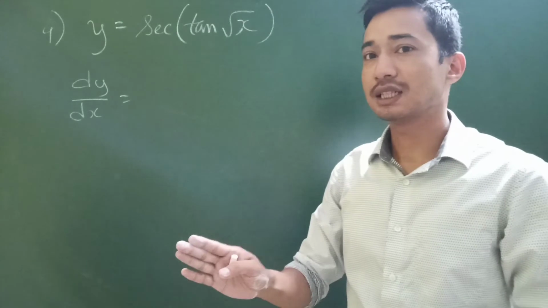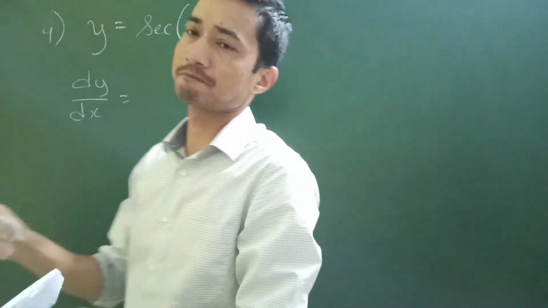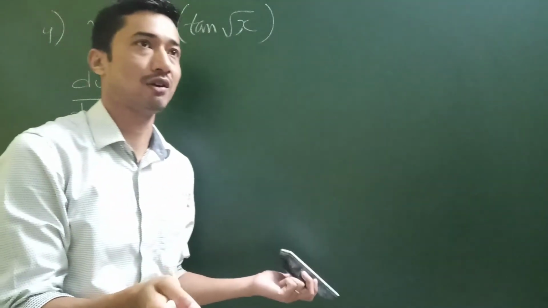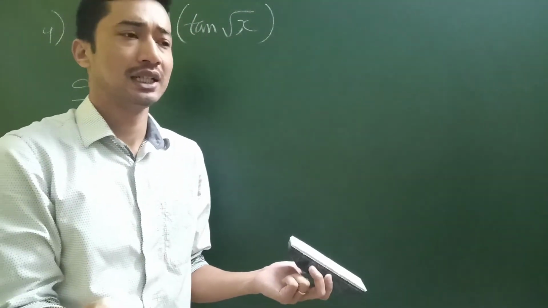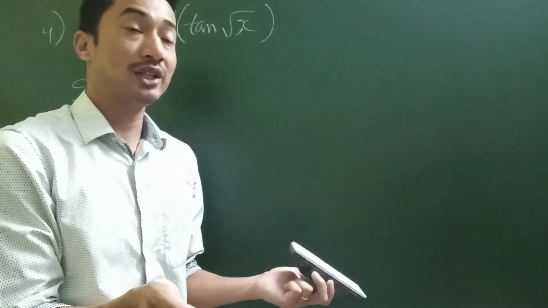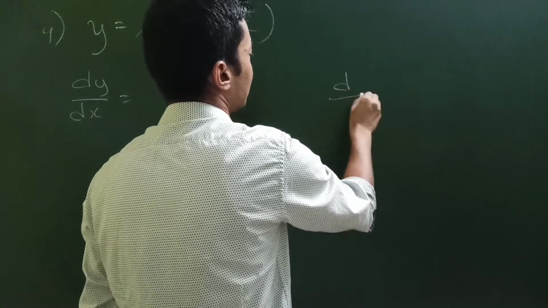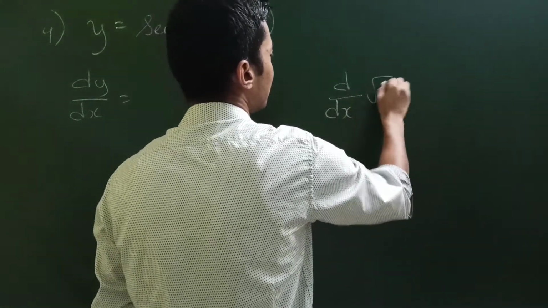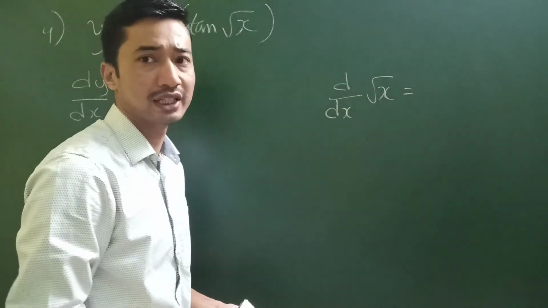Now before that, I'll give you one small trick. Not exactly a trick, but a quick way to remember certain things. There are some things which we don't want to be doing again and again.